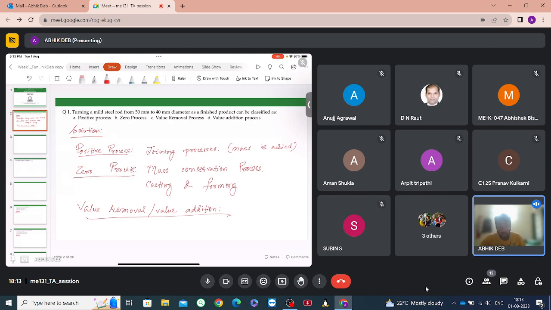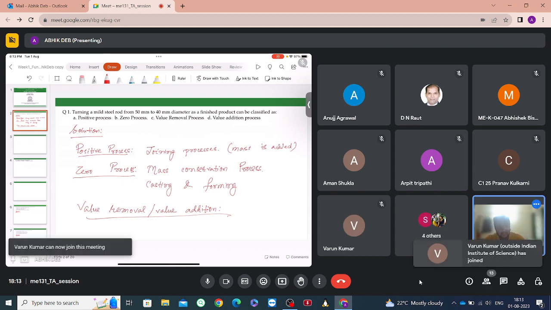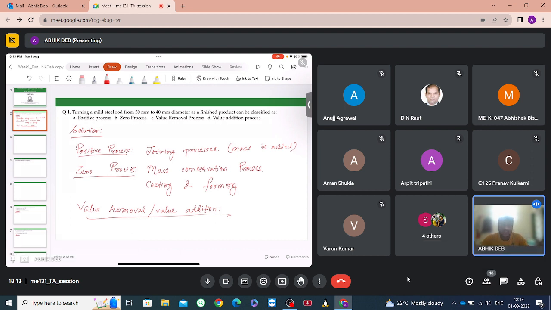So, a negative process is one where the mass is being rejected from the original system, like machining. And value removal or value addition comes in a totally different aspect. If the final product has greater use or greater quality compared to the initial product before processing, then that is a value addition, that we are adding value to the original product.